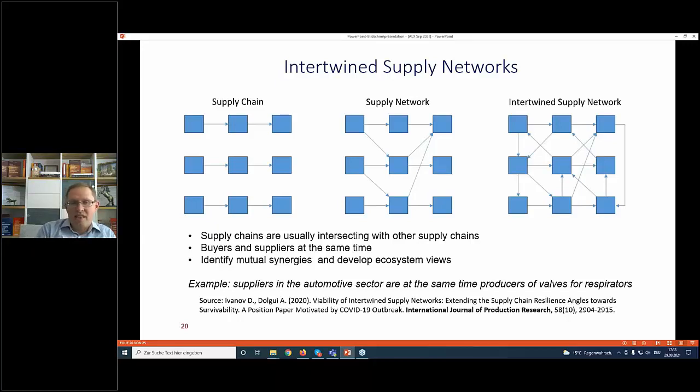Right? So the same company can be buyer and supplier at the same time in different ecosystems, right? And as such, it is important to develop methods and models, not only to analyze resilience of individual supply chains, but to analyze viability of the ecosystems, of the intertwined supply networks.